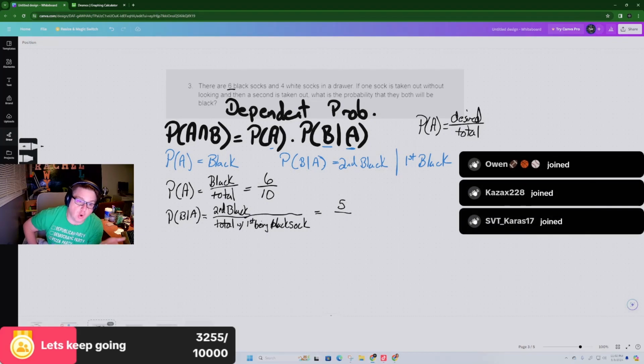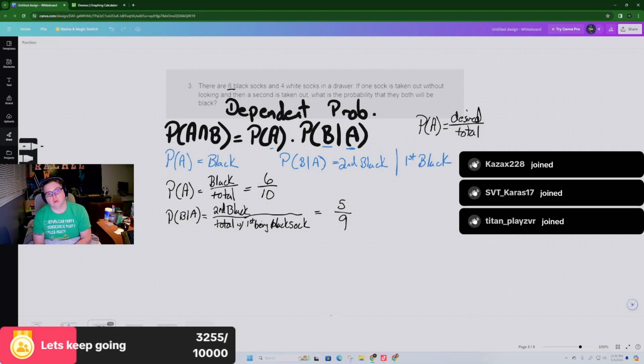And what is the total with the first sock already being pulled? Now, this is once again where you've got to follow. If you ever put dependent probability, you should know your total is going to change, because you're doing something and then you're doing something else. I'm eating a piece of chocolate, and now I'm eating a second piece of chocolate.